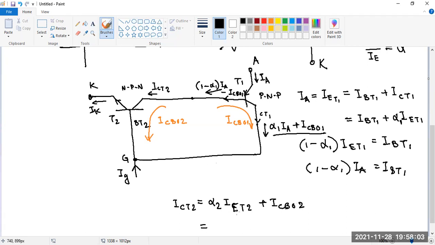Now this IET2 is basically the cathode current IK of the overall device. So it is alpha 2 IK plus ICBO2.